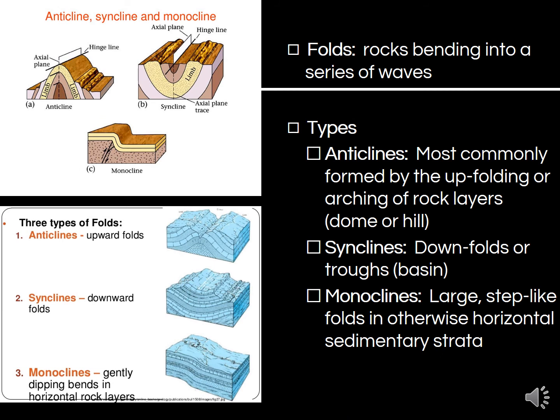So now, after we know about the stresses, what about the folds? We have rocks that go high, we got rocks that go low, we got mountains, hills, and valleys. Well, we have to know the types of folds. We have anticlines, which are upward folds. Okay, synclines are down folds or troughs and basins.